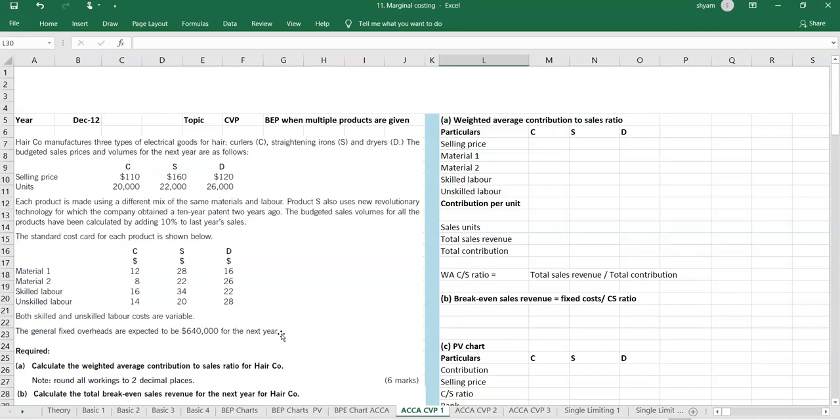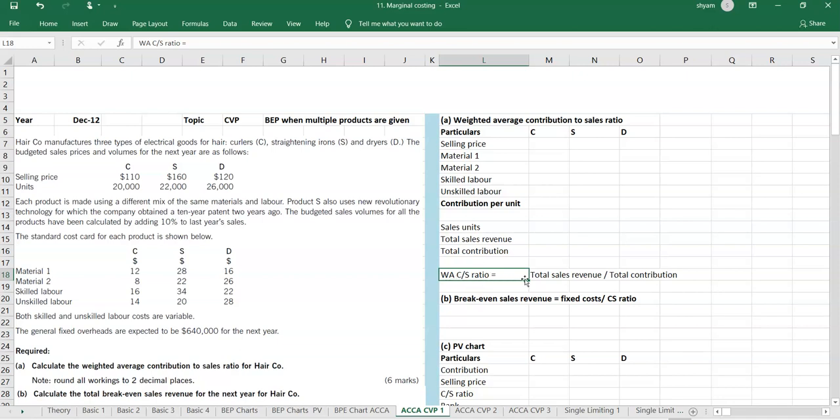Okay, so they have given a lot of data here. So the data that we want is the most important. The first ratio to be computed is the weighted average CS ratio. So the formula for weighted average CS ratio would be total sales revenue, which I think is quite easy to find out, divided by total contribution. Okay, so earlier we didn't do it like this.